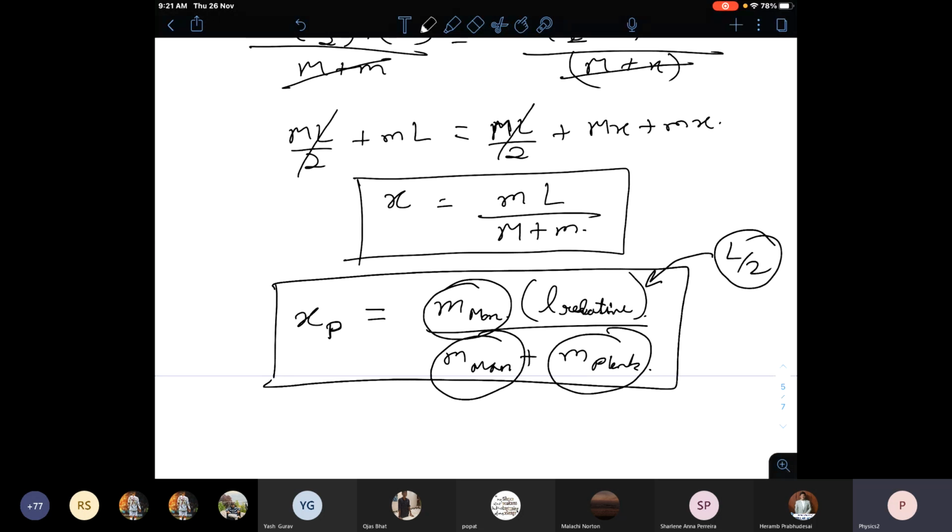When the man was moving the complete length, I replaced L. But now since he is moving only till the midpoint of the plank, I will replace that as L by 2, and you will have the answer. That's it, finished. Is it clear? Is it understood?